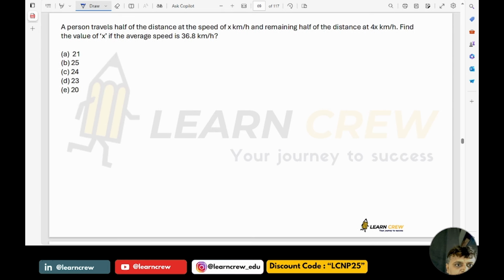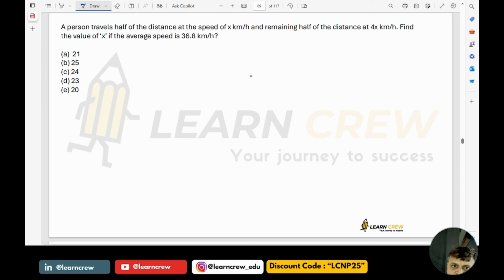Next, a person travels half of the distance at the speed of x km per hour and the remaining half of the distance at 4x km per hour. Find the value of x if the average speed is 36.8 kilometer per hour.